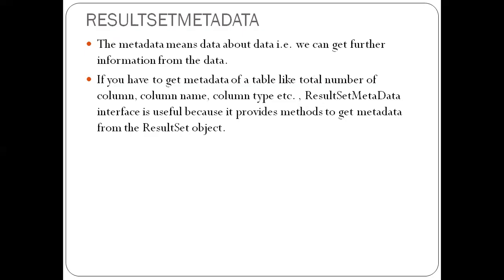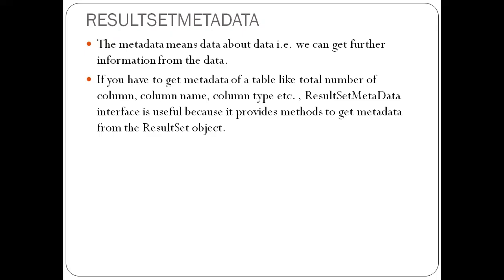In order to get the result set metadata object, we need to call the getMetaData method given by the result set. What is the syntax? ResultSet rs = statement.executeQuery(query), and you write the query inside that method. Then ResultSetMetaData rsmd = rs.getMetaData(); then int count = rs.